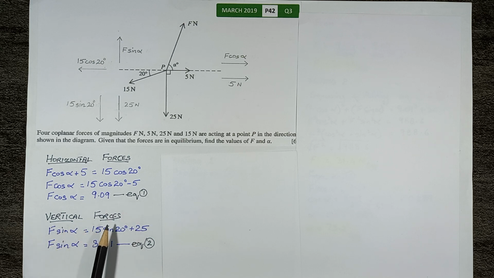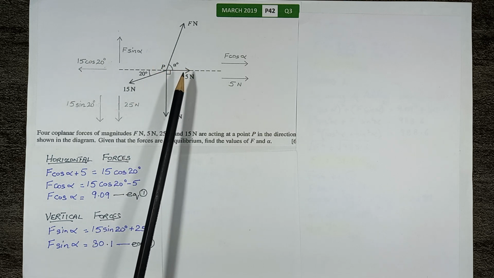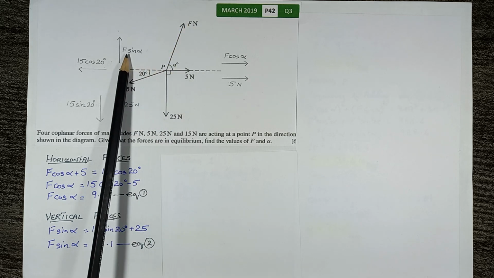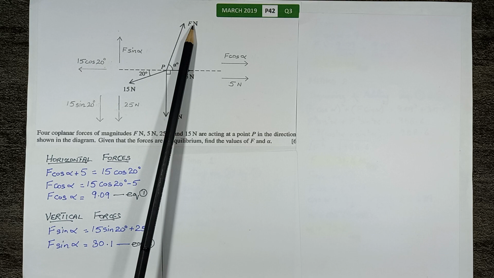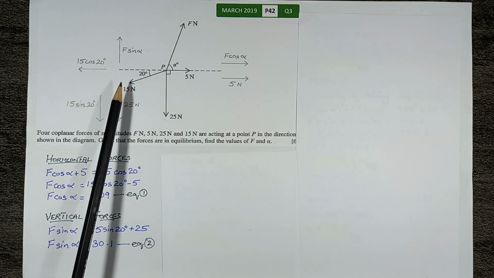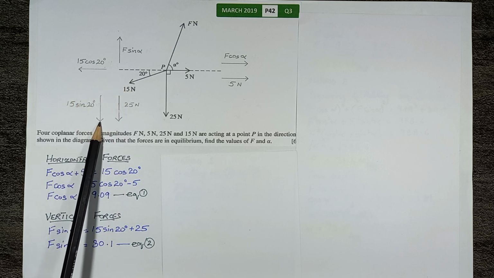Similarly, for the vertical forces, we are going to go on with the same strategy. This 5 Newton has nothing to do with the vertical component, but the vertical component of this F Newton would be F sine alpha, and the vertical component of this 15 Newton would be 15 sine 20, and it would be acting downward.